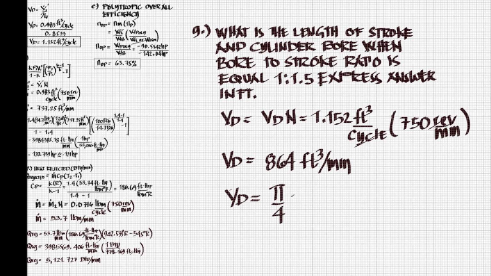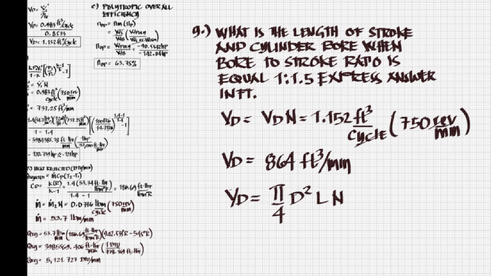So pi over 4, then diameter of the cylinder squared, then this will be multiplied by the length of stroke and the given RPM. No? So what we are looking for here is the stroke. So that will be L, and the bore, so what will be the diameter?